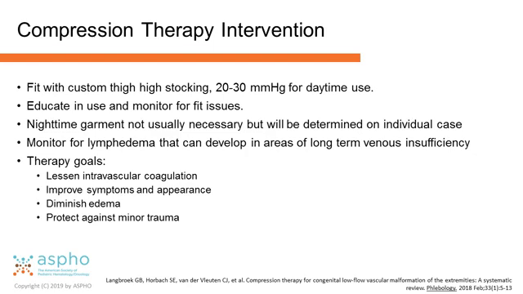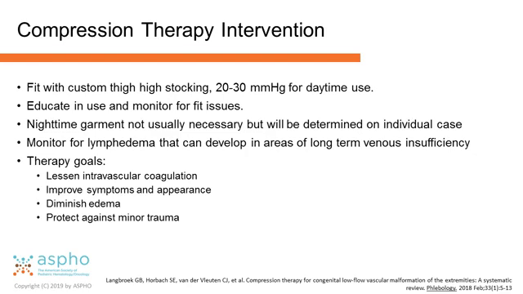Yes, I'm happy to. So with compression therapy intervention, what we're typically doing for venous malformations is we're fitting them with, like in this case, it's a 3-year-old, so they're likely going to have to be fit with a custom thigh-high stocking. Until they're about age 10, they're not going to typically fit in anything that comes in an over-the-counter size. So we're going to fit them, and of course, a big part of that is educating them in use and monitoring for fit issues.